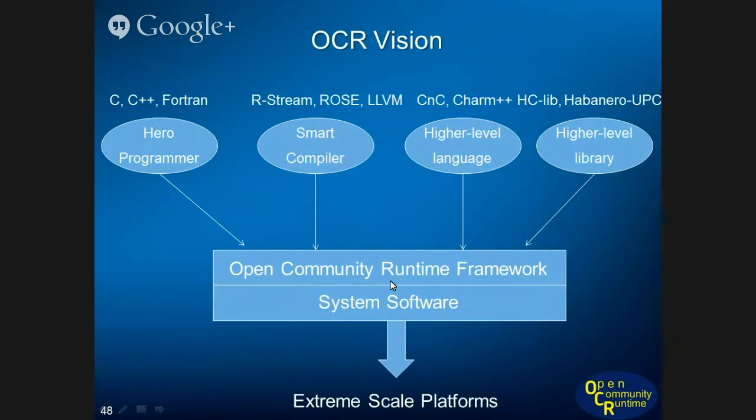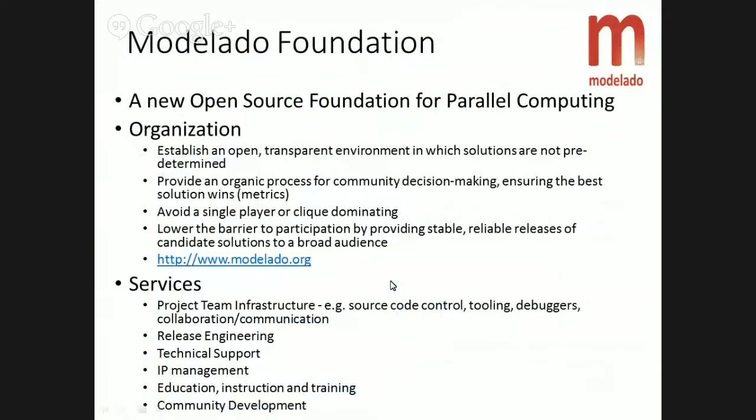We would definitely like to explore, and we started some discussion with Sanjay about this, using OCR or using parts of Charm++ in OCR and getting more synergies there. There's also a foundation that's been created. The idea, if it succeeds, is that we have a narrower community in parallel computing, so create sort of the equivalent of Eclipse for our community, and this is just starting out.